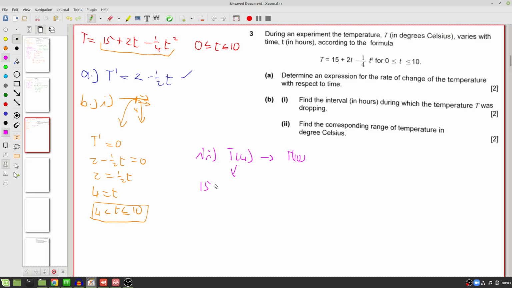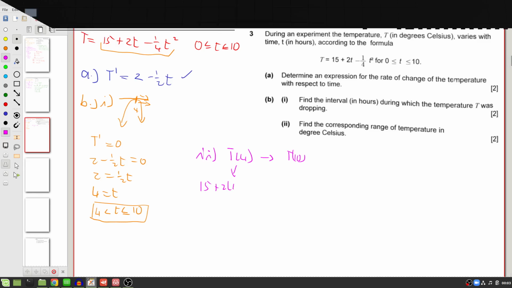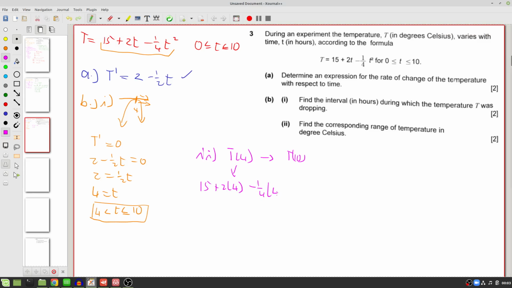So that'll be 15 plus 2 times t, which is 4 in this case, minus a quarter times t, which is 4, squared. Let's work that out to start with. 15 plus 8, 4 squared is 16, quarter of 16 is 4, so minus 4. That gives us 15 plus 8 is 23, minus 4 is 19. So we've got 19 degrees Celsius when t is 4, so after 4 hours.